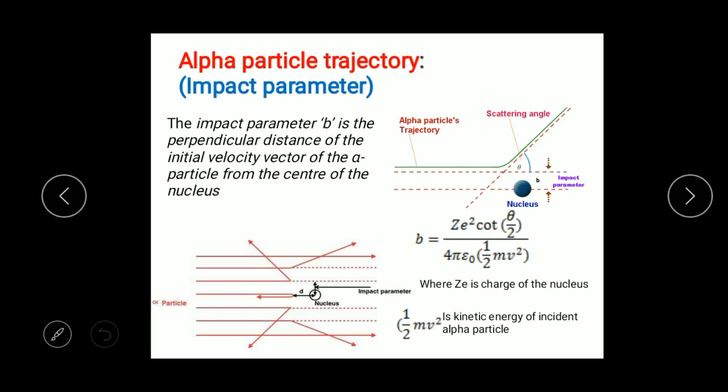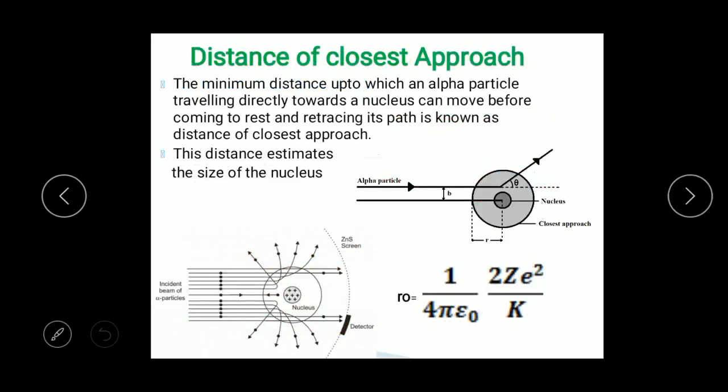Now the second definition is the distance of closest approach. What is the distance of closest approach? The minimum distance up to which an alpha particle traveling directly towards the nucleus can move before coming to rest and retracing its path is known as the distance of closest approach. The alpha particle is positively charged, and the nucleus also has a positive charge. So when the alpha particle comes towards the nucleus, it reaches some minimum distance.